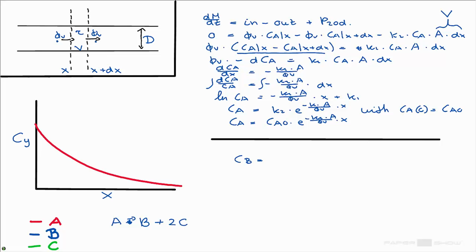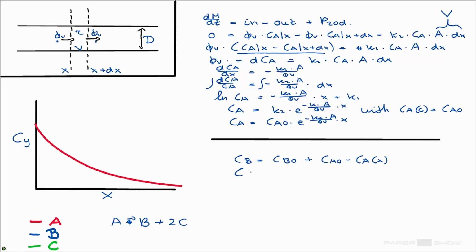Well, at x is 0, this should be CB0, right? And then for every A molecule converted, I get 1 back. So this Ca0 minus Cax, the amount that is converted from A, is actually converted into B, so a plus sign there.